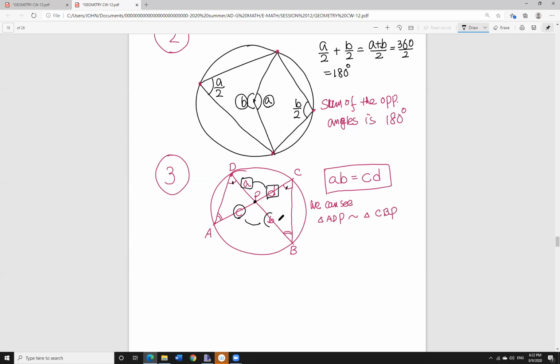We know that A and D, and B and C, are corresponding sides.